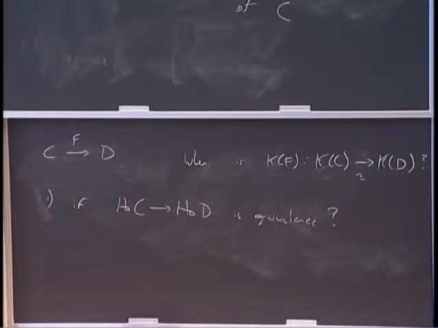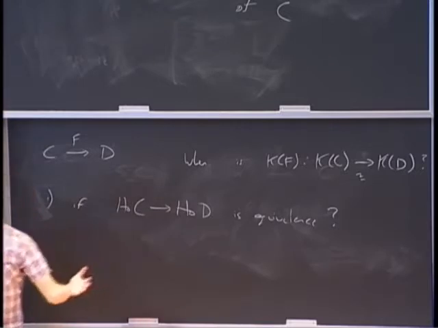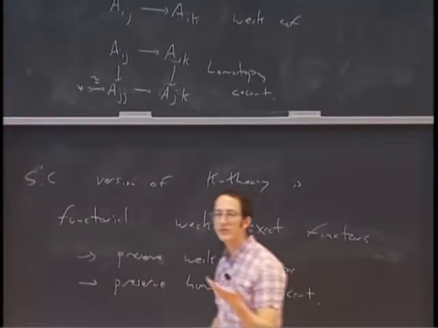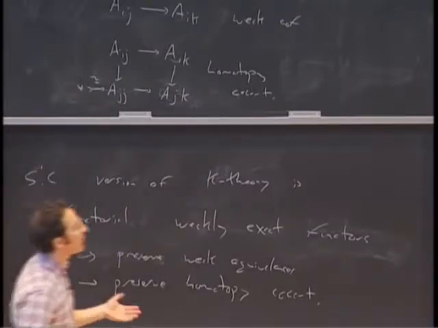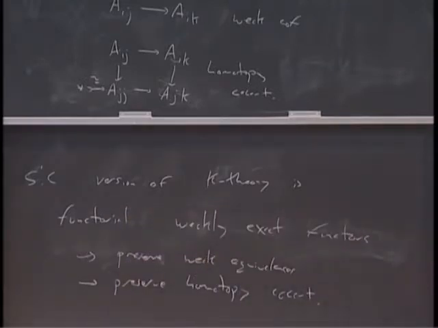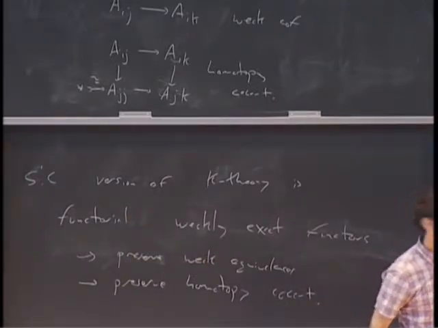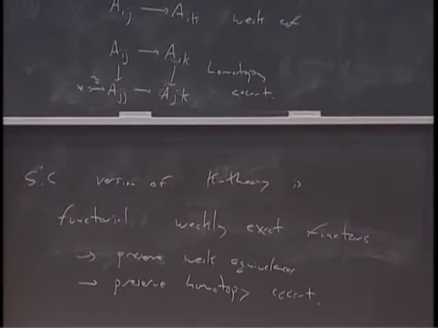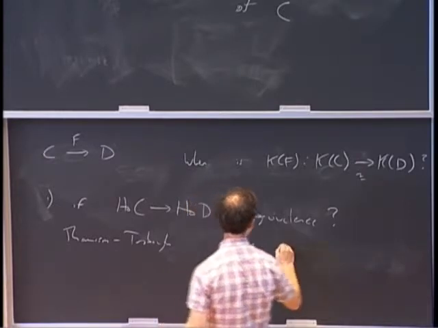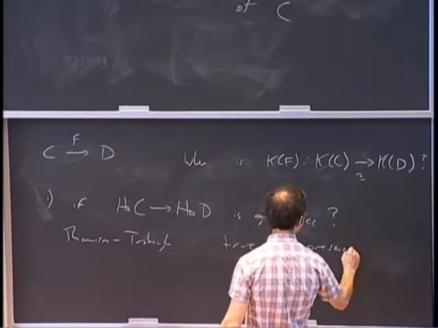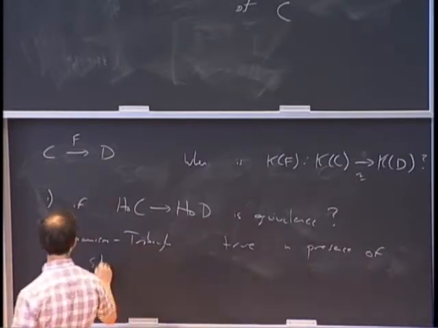And this is a long and tortured history. The answer is no to the stronger form. And this came up in Brooks' talk, actually. These examples of the failure of Morita theory, maybe originally due to Schlichting and then appearing in work of Dugger and Shipley, tell you that the strong form of this isn't true. But the weaker form actually is true sometimes. So Thomason and Trobaugh, and this paper will come up over and over again, or at least maybe once more, show that this is true in the presence of stability.